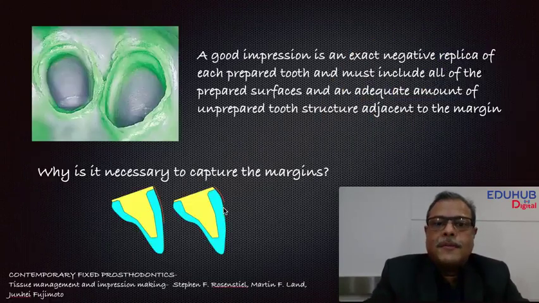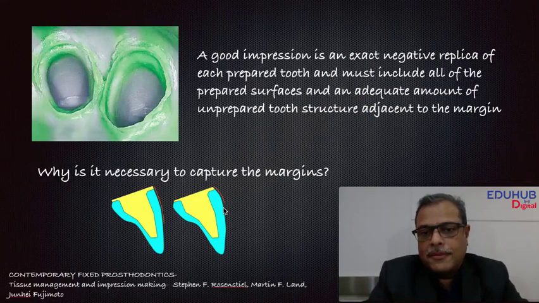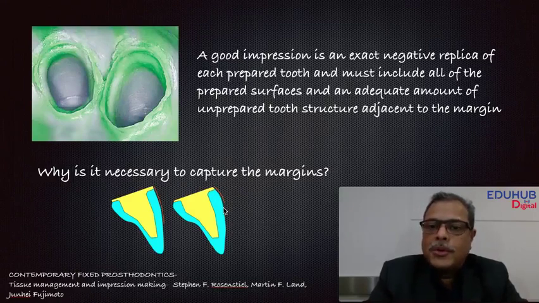Let's understand what a good impression is. A good impression is an exact negative replica of each prepared tooth and must also include all the prepared surfaces as well as an adequate amount of unprepared tooth structure adjacent to the margin, so that the technician can easily visualize the margin and end it there. It's important because the emergence profile of the restoration depends upon how the technician merges the restoration at the margin.